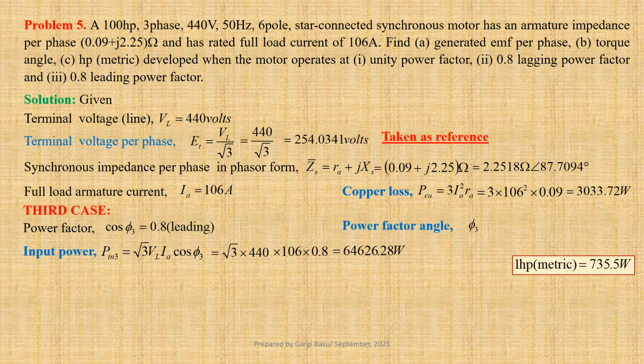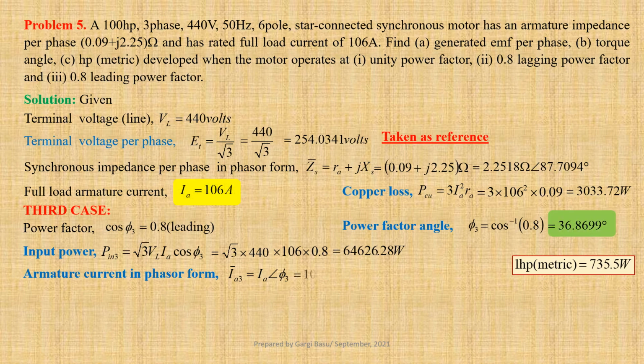Phi 3 equals cos inverse 0.8, that is equal to 36.8699 degree. Armature current may be written in phasor form as Ia3 equals Ia at an angle phi 3, that is equal to 106 ampere at an angle 36.8699 degree.